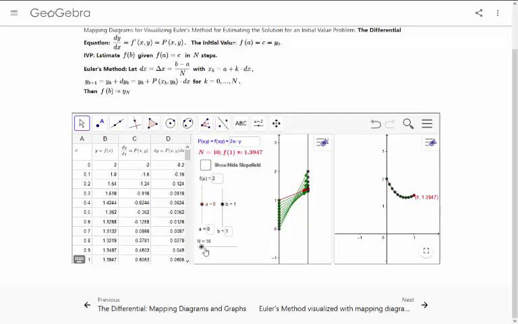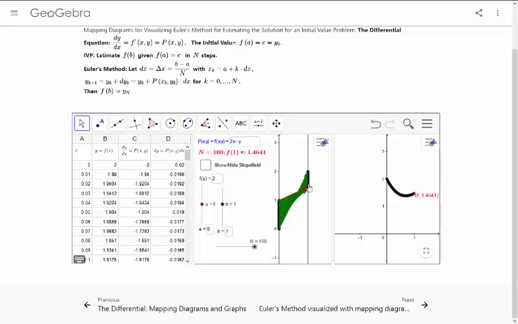We can change the value of n higher and get more accurate results. With this n, we can go all the way up to n equals 100, and that gives us a fairly precise estimate for the solution at 1 of 1.4641.